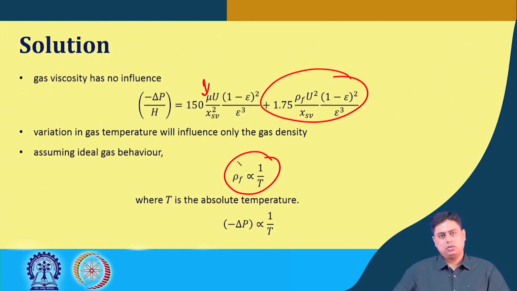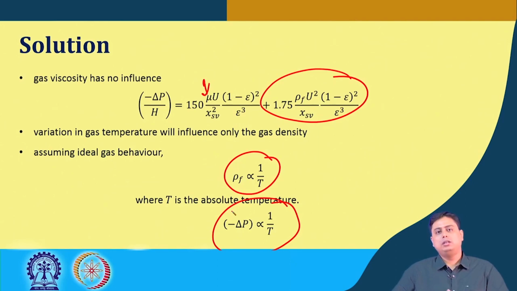Okay. So, what will happen? If you increase the temperature, the gas density will decrease, and so the pressure drop. So, the temperature will have similar effect, inversely proportional to the density.